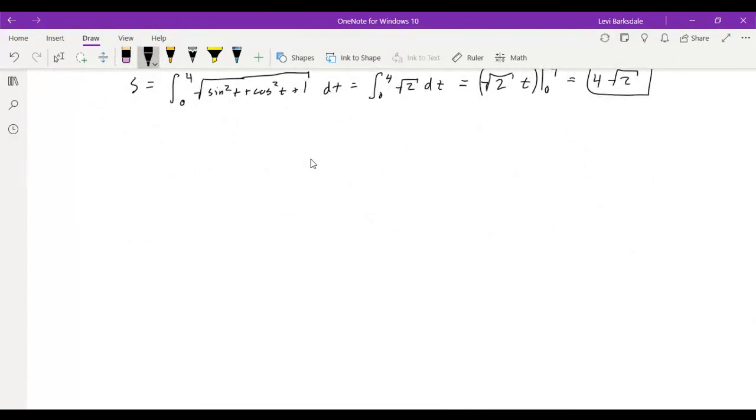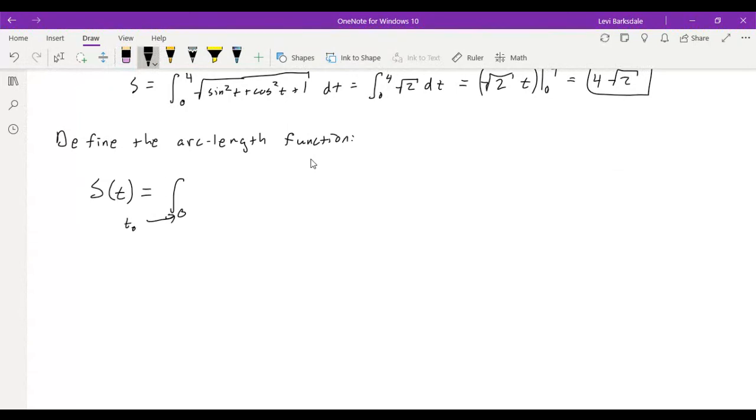Using this definition of arc length, we can define something called the arc length function. And this is a function of t, and it's going to be the arc length from some starting position. It's frequently 0, so that's what I'll use here, but it could be any number. That's important to note.